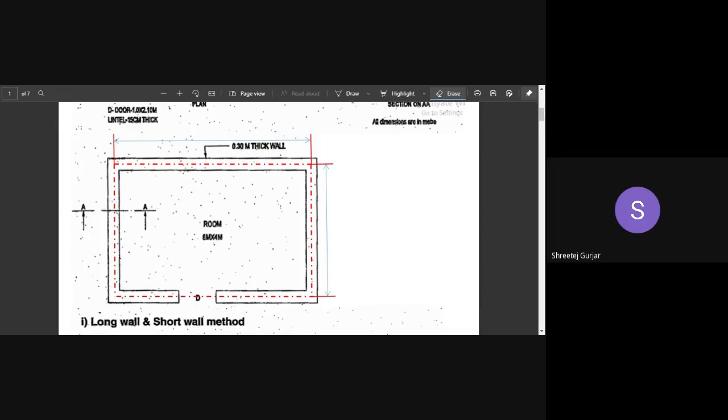Depending upon the length, or depending upon your convenience. Usually, when we observe a plan, the walls which are longer in length we consider as long walls, and walls which are shorter in length we consider as short walls.